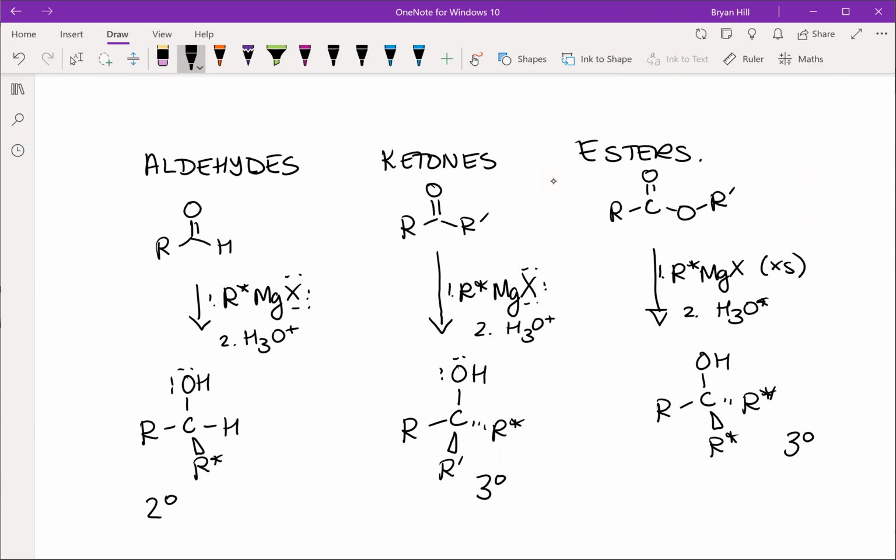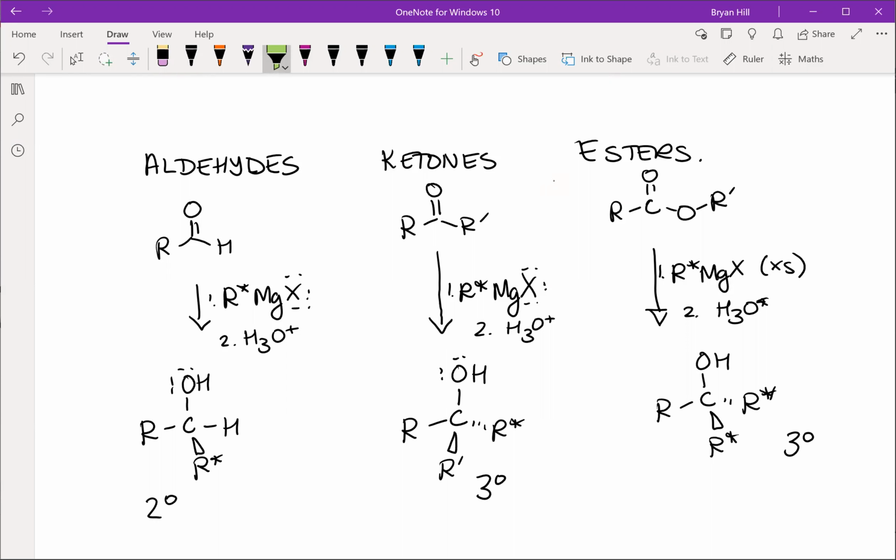So in the previous reduction, aldehydes make primary alcohols, ketones make secondary alcohols, esters make primary alcohols. Now we're adding carbon, so aldehydes will make secondary, ketones will make tertiary, and esters will make tertiary as well.